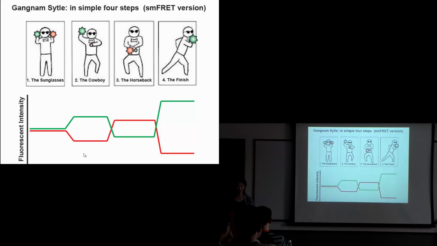So if you were to draw a single molecule trace of this dance, it would have looked like this in our IDL MATLAB processed data. We would be observing the intensities of green and red in time sequence, so then we can deduce the motion based on the intensity changes.